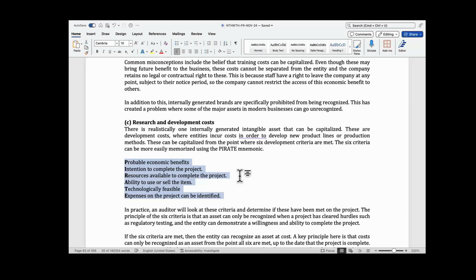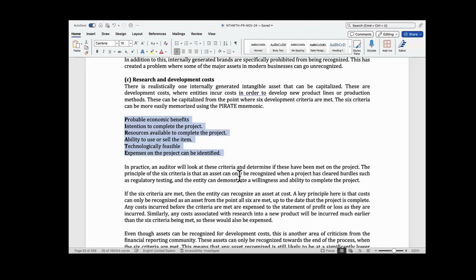Usually, the way the examiner gives you the exam is they will give you a scenario about these research and development costs, and they will tell you that at this level, we have gotten regulatory approval, and we are sure that we'll finish it in the next 2 years, and we have some off-takers, stuff like that.